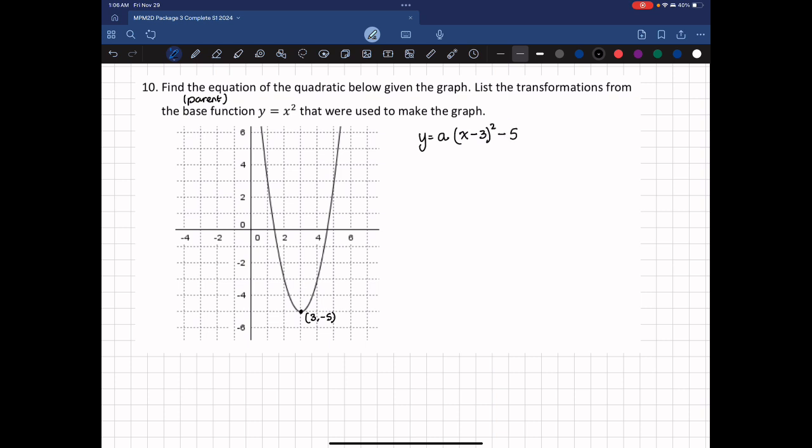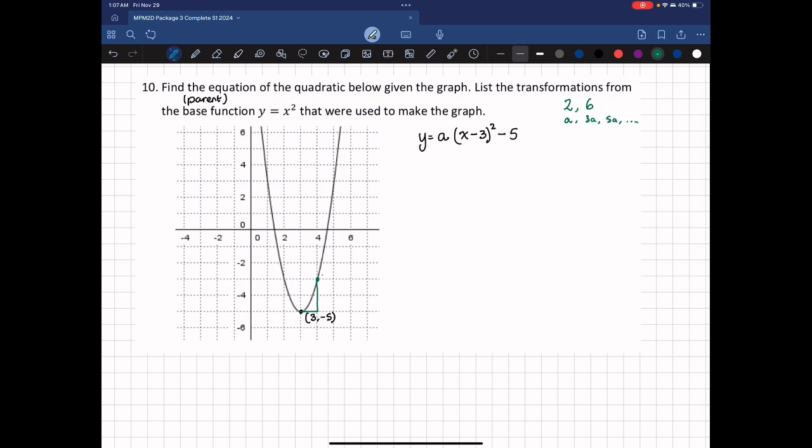Okay. Now, could we use step pattern? I'm thinking we could. Let's go over 1 and up till we get to the next point. It looks like we're going up 2. But let's just check. If my first step was 2, then my second step would have to be 6. Because remember, the step pattern goes a, 3a, and then 5a, etc. Okay?